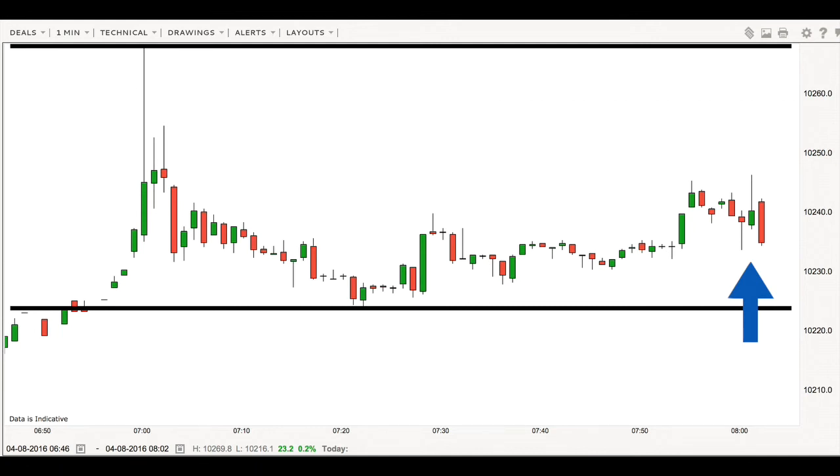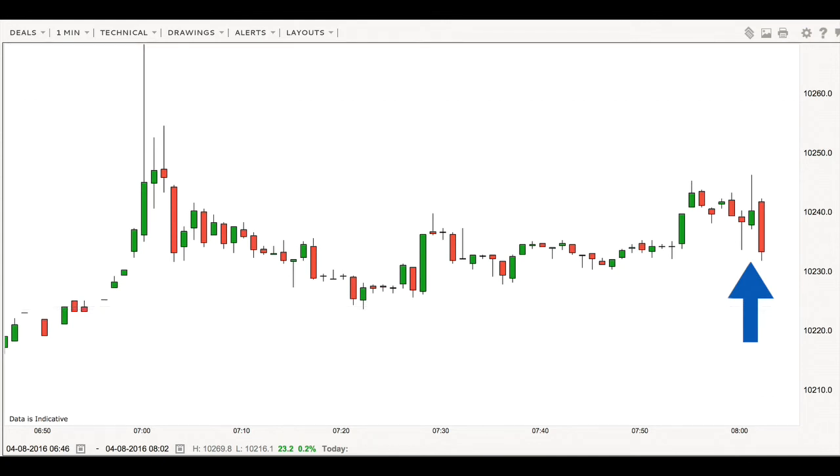Okay, so pin bars, they're useful as long as the context for them is right. So a pin bar is useful when it forms at an extreme.